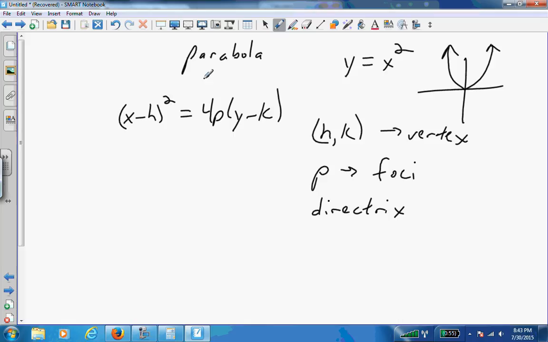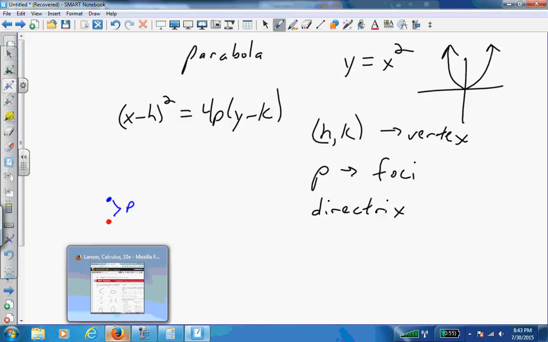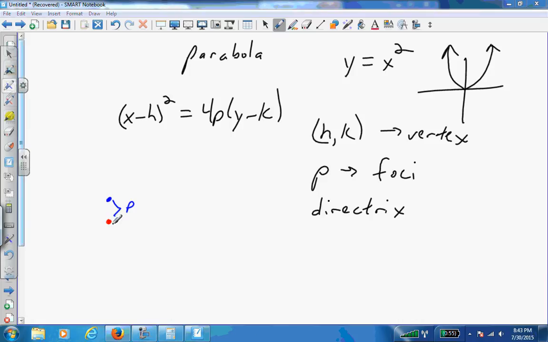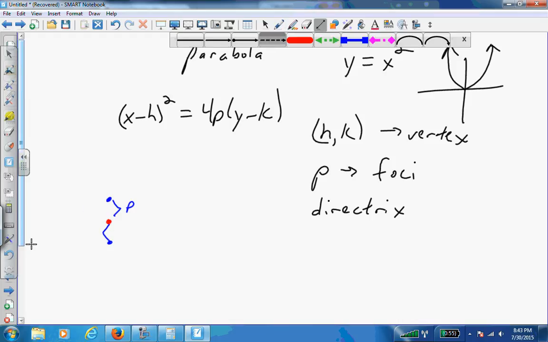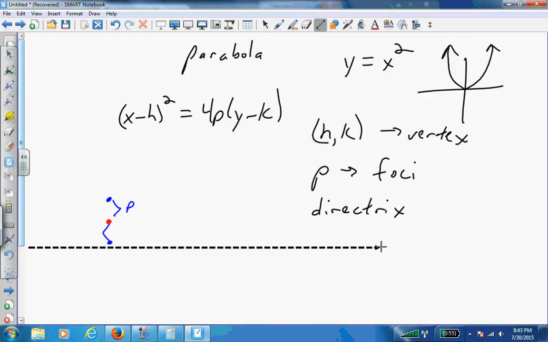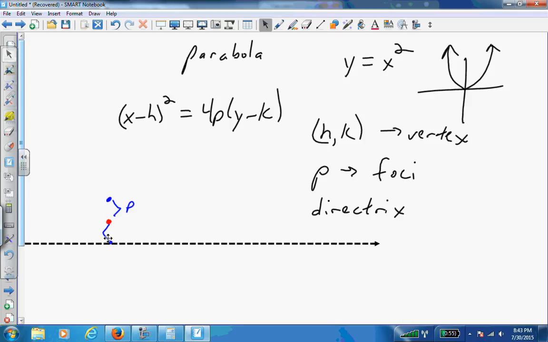So, for example, if we have a vertex located here, we would have a focus at some distance p from the vertex, and a directrix that same distance below it, and that directrix is actually a horizontal line.